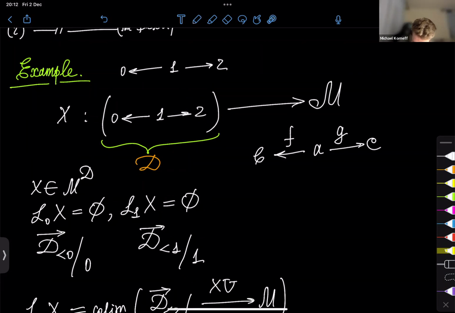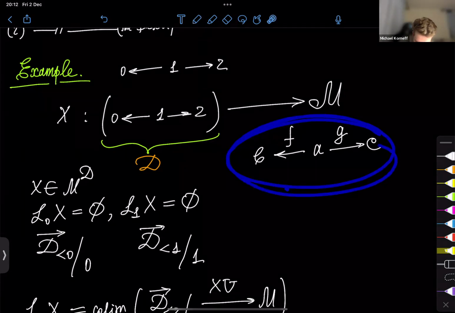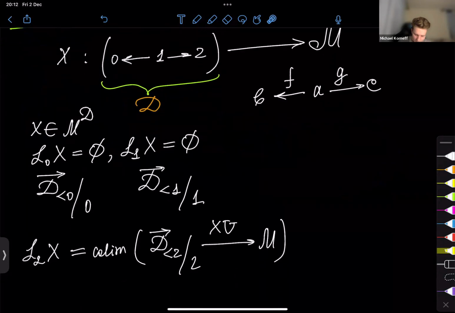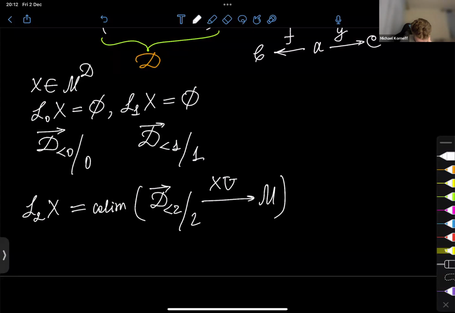It's just the image of this diagram under this functor. And thus we have that this colimit is just an object A for x of 0.